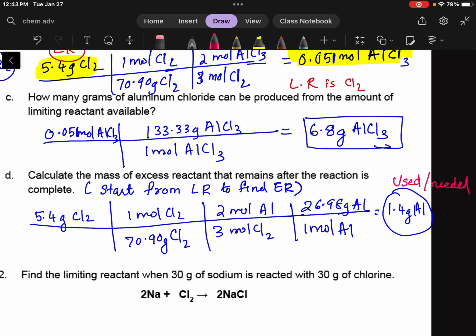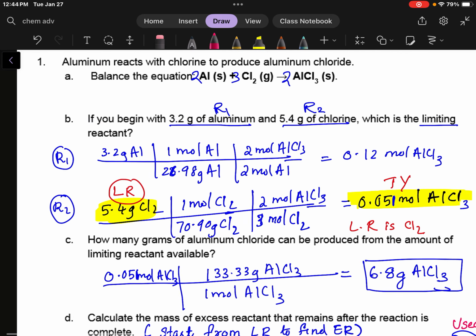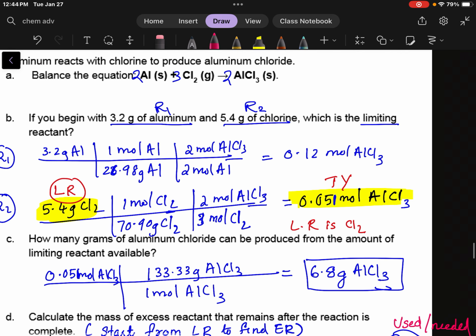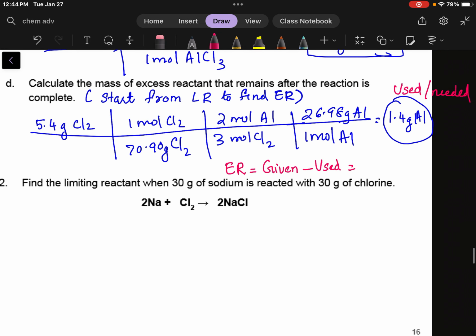So to find the excess reactant, we will use the given minus used. The given of aluminum is 3.2 gram. 3.2 gram minus 1.4 gram will be 1.8 gram of aluminum in excess.